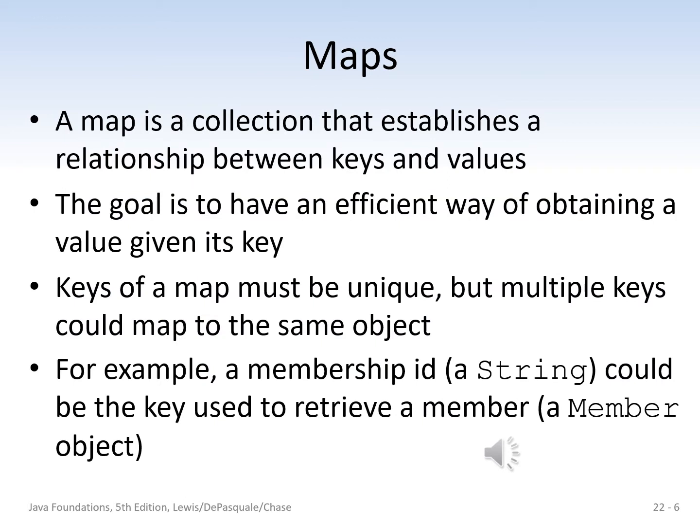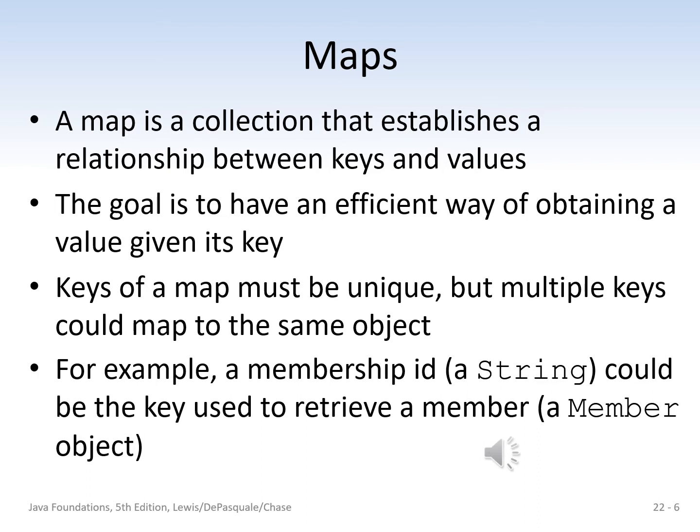A map is a collection that establishes a relationship between keys and values. I've got some experience with relational databases, and in each table in a relational database, for each record, there's a column labeled the primary key, and that key is a non-repeated value that uniquely identifies each record in the database.